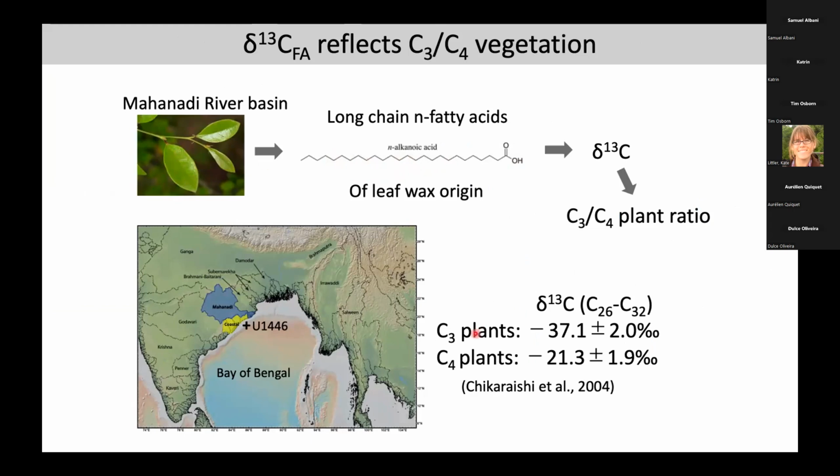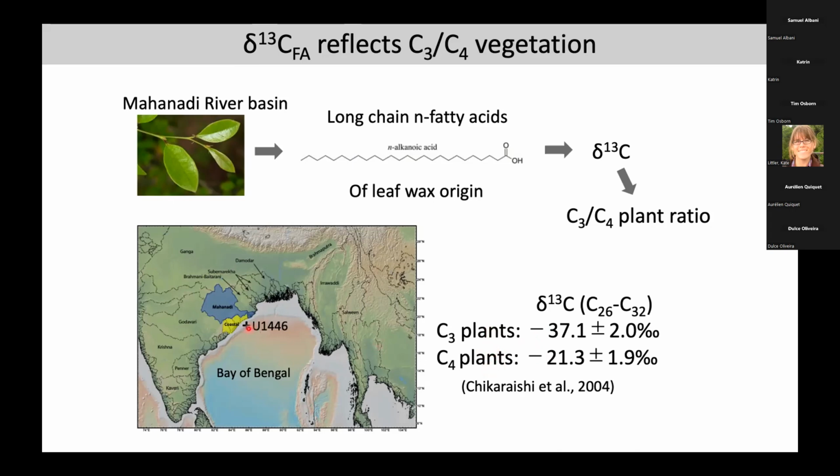There are C3 and C4 plants among higher plants, and they have quite different carbon isotopic compositions. So if we see the carbon isotopic composition in leaf wax, then we can distinguish C3 and C4 plants, and also evaluate the relative abundance of C3 and C4 plants.